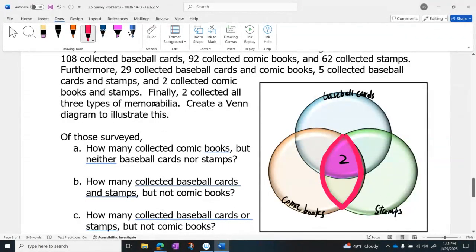Based on the given information, there are 2 people who collect both comic books and stamps. That means we should have 2 elements in this football shape region.